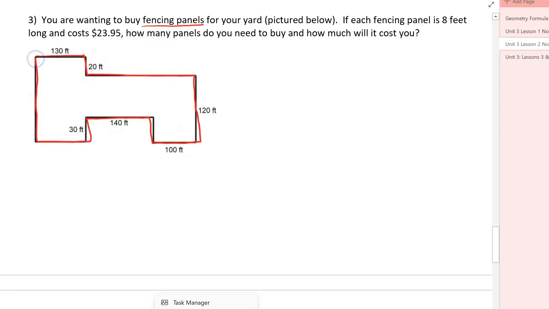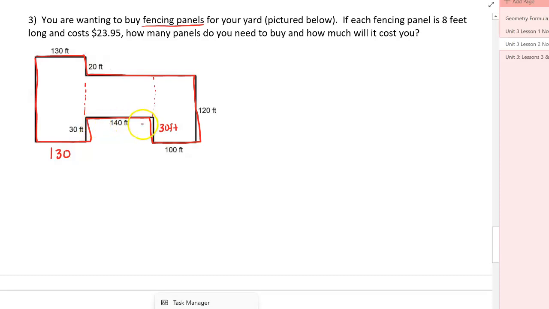And we do have some missing measurements. So let's see. If we go across here, let me go ahead and draw in some dashed lines. That always helps kind of make sense of things. So let's see. If this is 130, then this down here would be 130. And if this is 30 feet, then this over here is 30 feet.